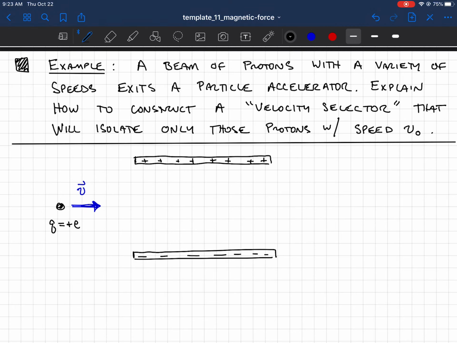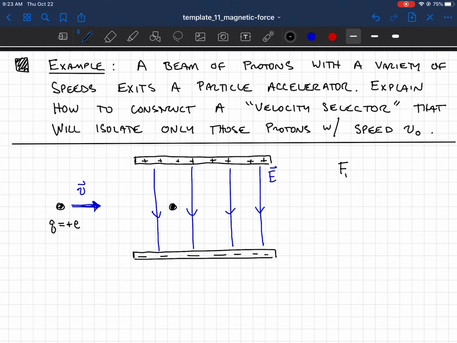Parallel plates that are oppositely charged will create a uniform electric field which goes from the positive to the negative plate. And now we can imagine what happens when that particle enters. It feels an electric force.